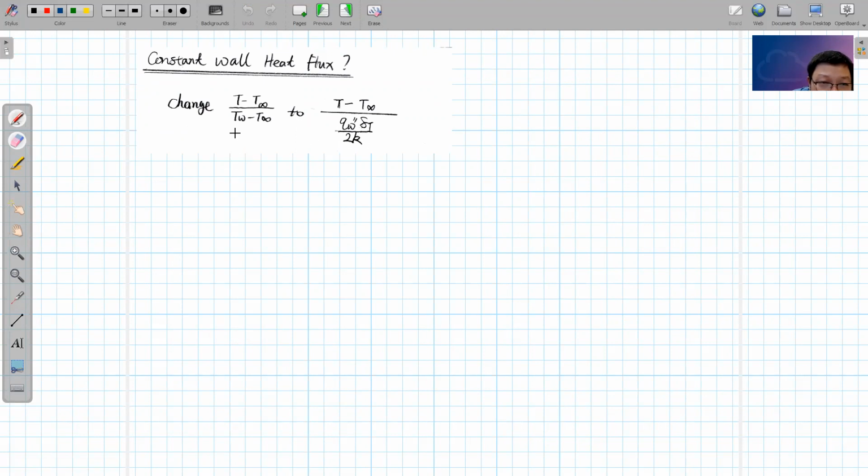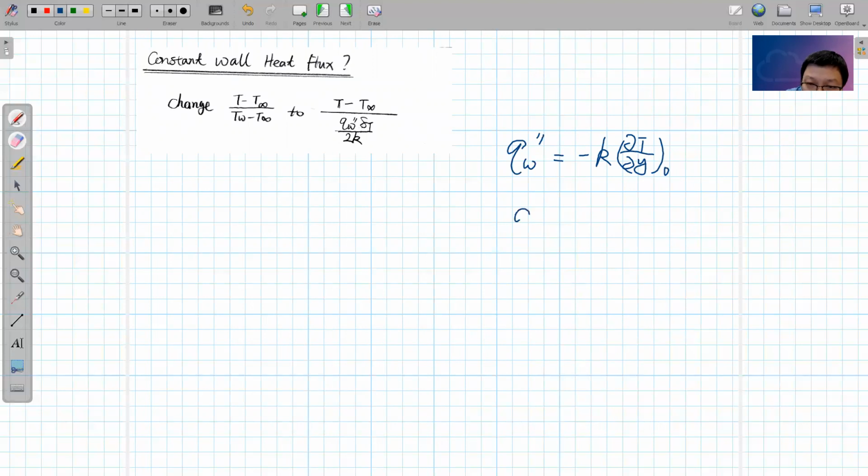In that case, when you assume the shape function, you cannot use T wall minus T infinity anymore. You have to change it. Remember how we calculate Q wall prime? Q wall prime equals minus k partial T partial y at the zero location, right?